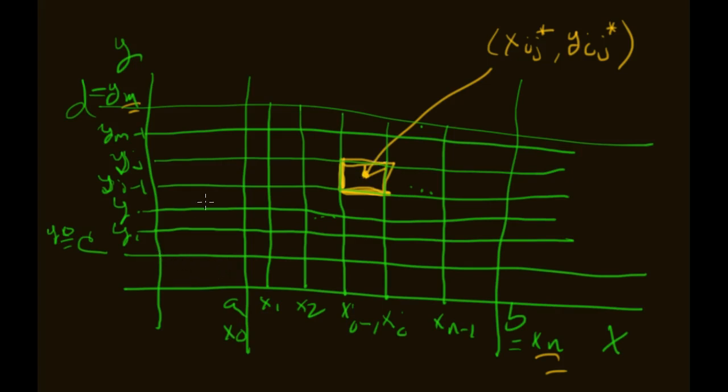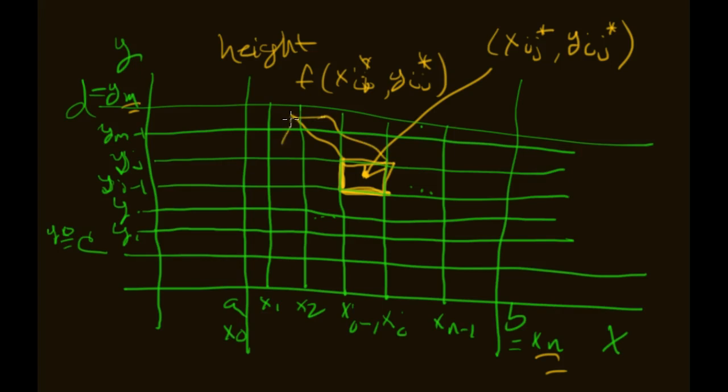So what we need to do is add up all the heights. So the height above that point is f of x i j star, y i j star. So that's the height above that. And if I take the height above this, I'm going to get a prism hanging out above this, right?